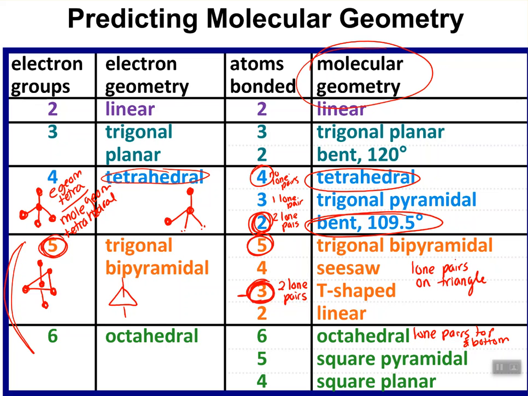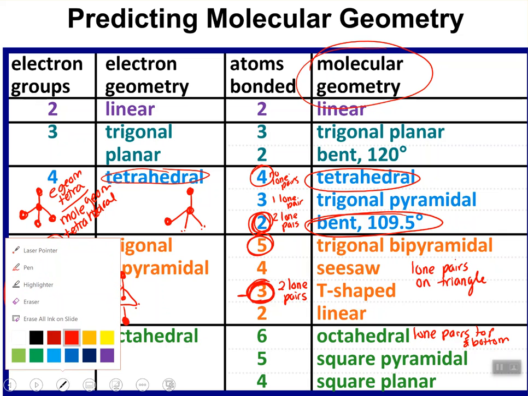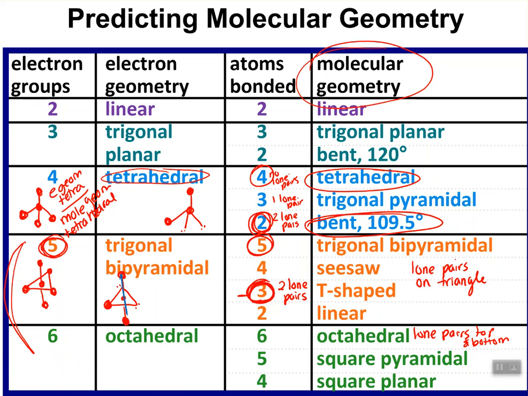And so on this one, if it has lone pairs, they're going to be on the triangle. So I'm going to put one back there and one back there on the triangle. Here's an atom. Here's my central atom. Here's an atom. Here's an atom. So the central atom has 3 atoms attached and 2 lone pairs. We call this shape T-shaped because it kind of forms a T like so. And that's how I get this.